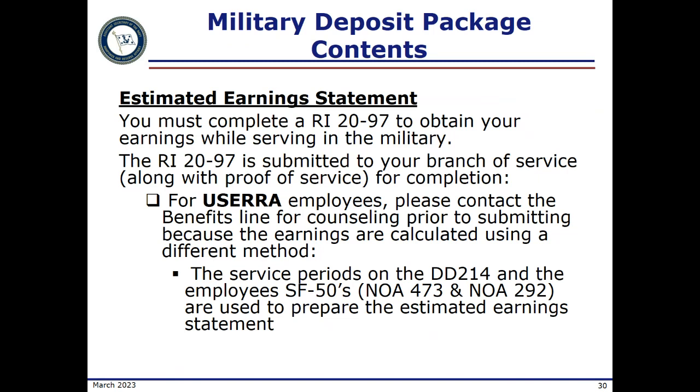So estimated earnings. The RI 2097 is the application form to obtain your estimated earnings, and it must be completed by you, the employee, and you will send it to your branch of service. The contact information as far as where it should be sent is on page 2 of the RI 2097. A big thing that we see at the CBC are that employees submit their RI 2097 to us, but we do not provide estimated earnings.